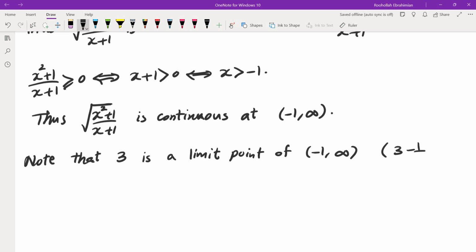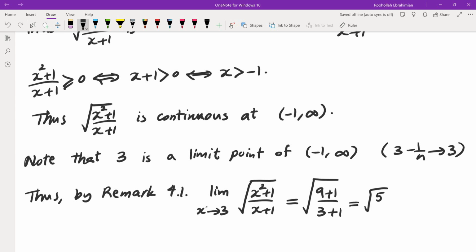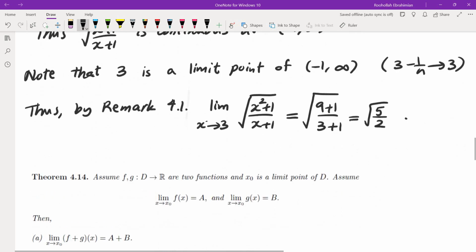For example, 3 minus 1 over n approaches 3. Thus, by remark 4.1, I can say the limit as x approaches 3 of square root of x squared plus 1 over x plus 1 is equal to square root of 9 plus 1 over 3 plus 1, which is root 5 over 2. So what we need to check is that the function is continuous at that point, and that point is a limit point of the domain. Then we are allowed to substitute.